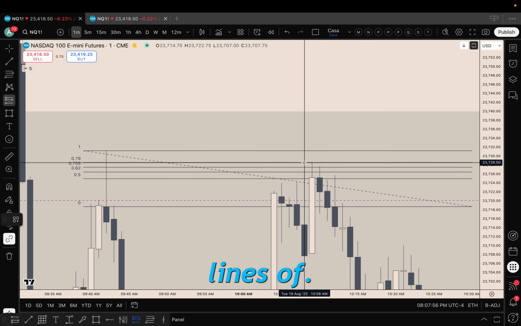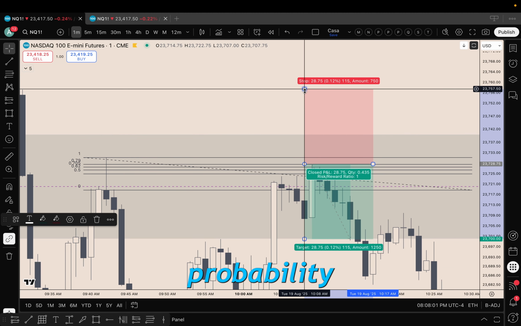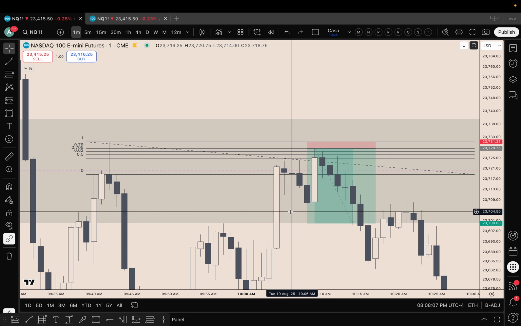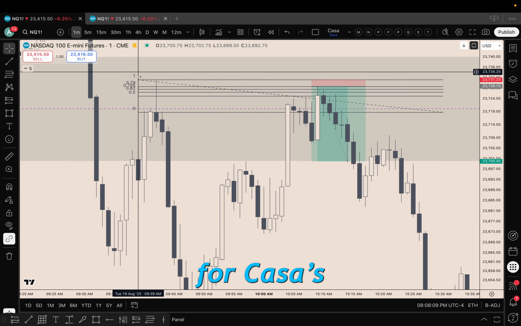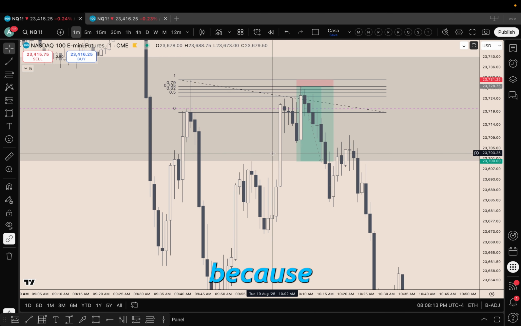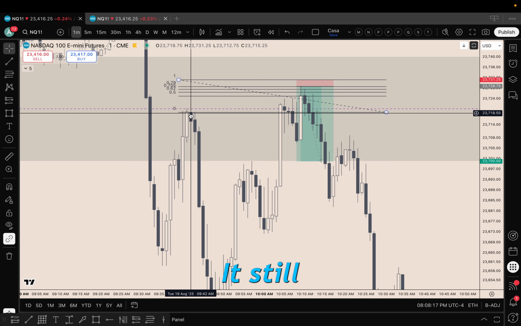The trade could have been along the lines of, and this was the highest probability setup during the New York AM session, right? Because for Kez's wick theory, ideally you always want the discount of the wick to be given, because then price is fair. Because this right here, it's still filled in Kez's wick theory right here.